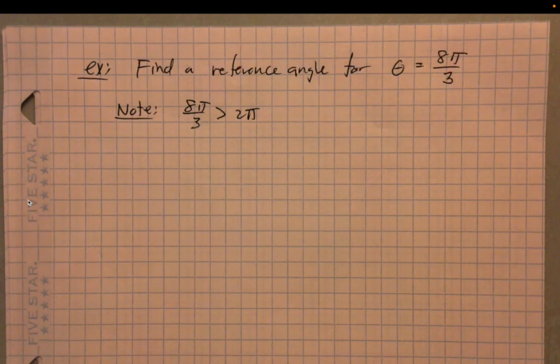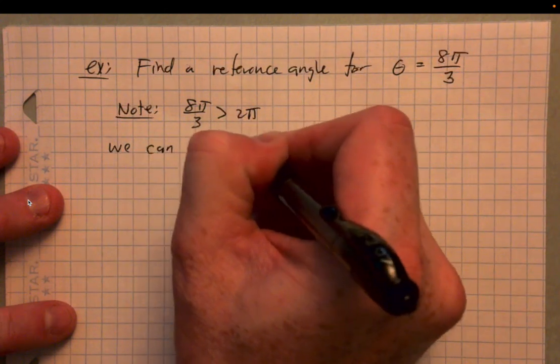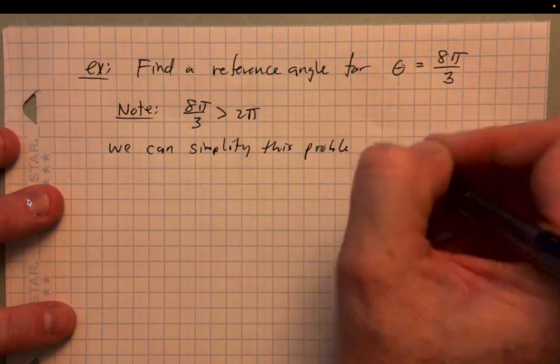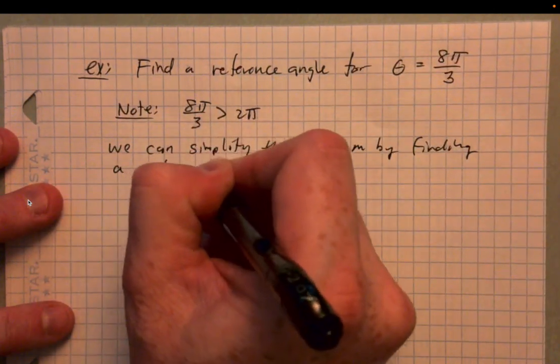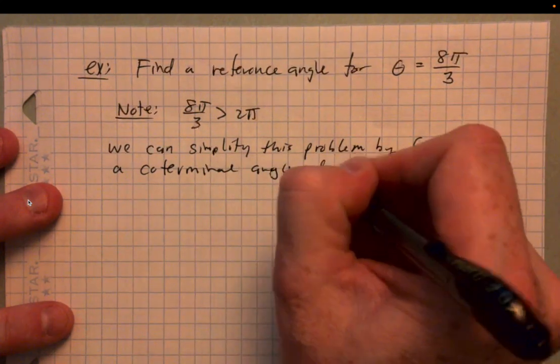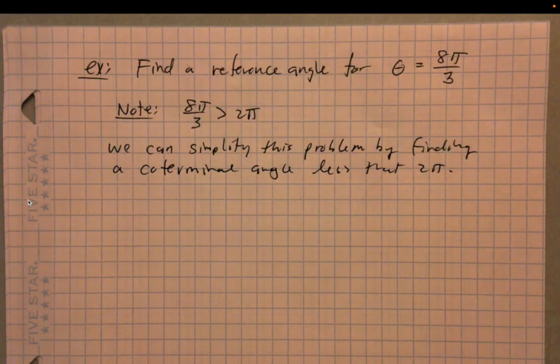And so we can simplify this problem by finding a coterminal angle less than 2 pi, right? So coterminal angles, remember, were angles that had the same terminal side in standard position. Okay, and so if we can find some angle less than 2 pi, then the reference angle will be easier to identify. Okay, and so let's try to find a coterminal angle.